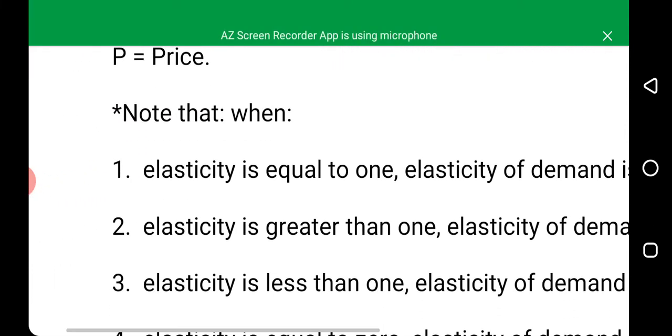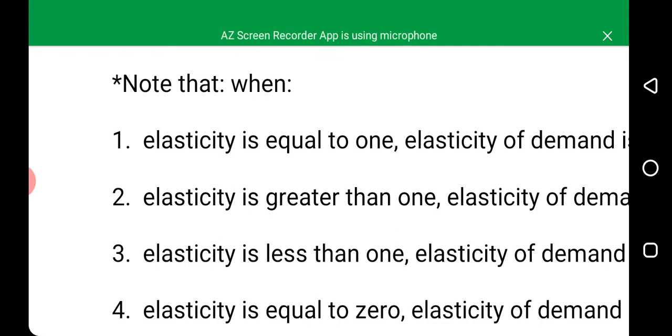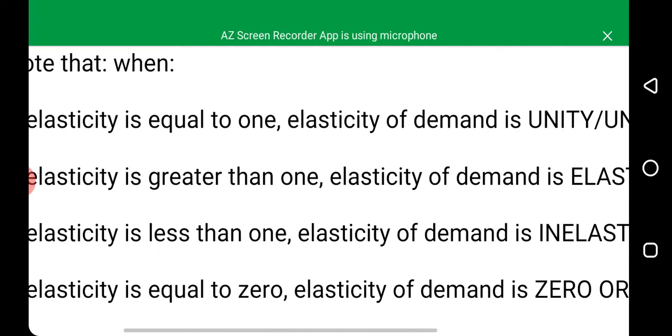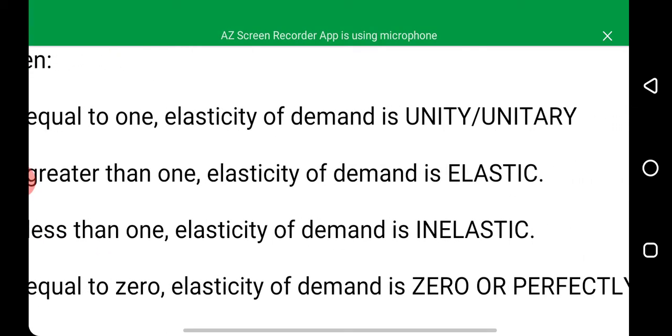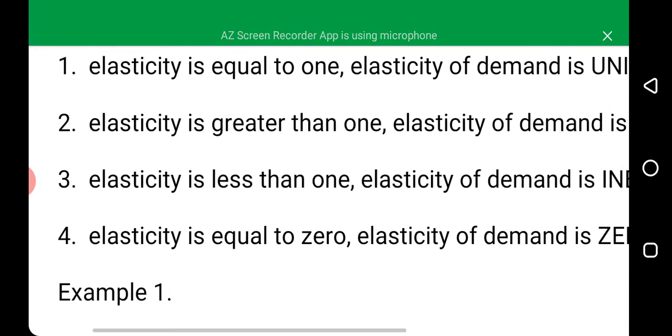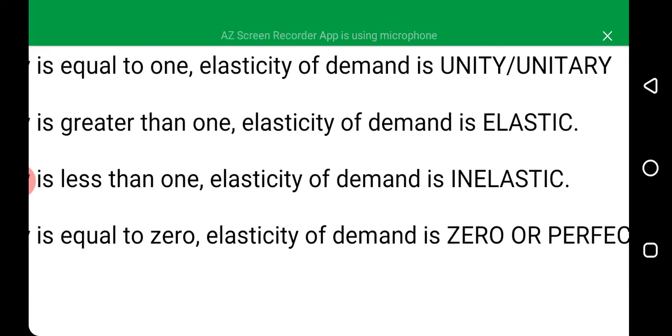Price. Before we move into the calculation aspect, let's note that when elasticity is equal to 1, elasticity of demand is unity or unitary. When elasticity is greater than 1, elasticity of demand is elastic, as I've said earlier.